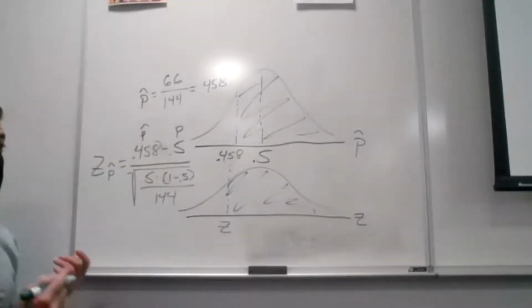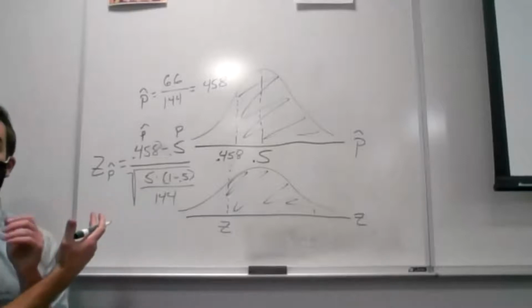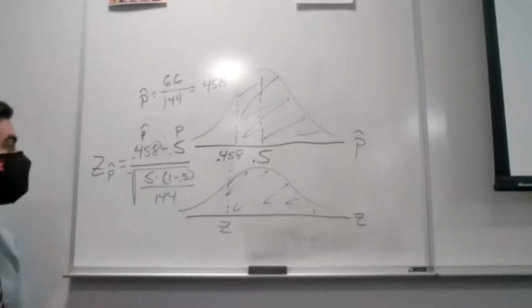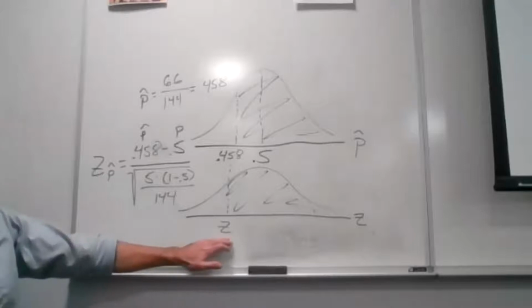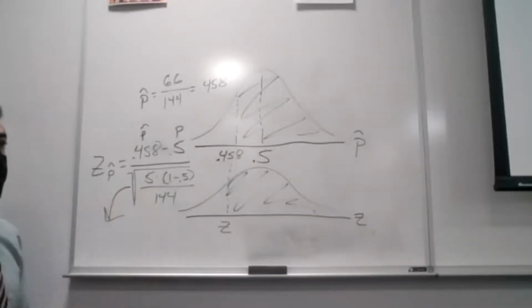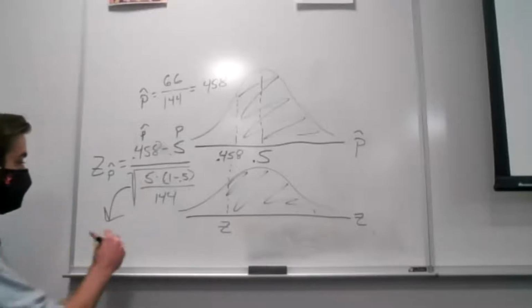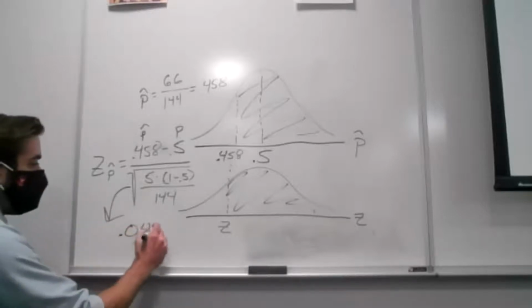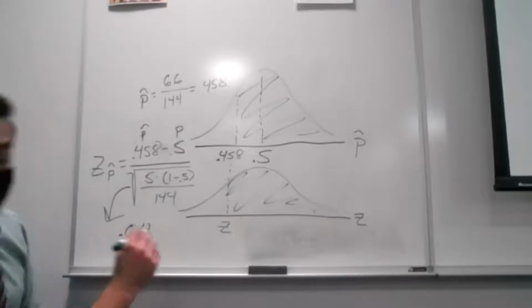So at this point, it's just a matter of getting this entered into our calculator and finding out what that z-score is. Now, I could have done this by first finding this and then just plugging that number into the denominator. So if I do that, just so you have numbers to check, 0.042, approximately.